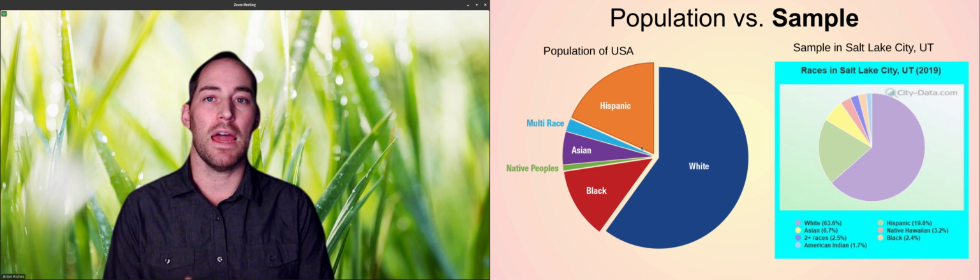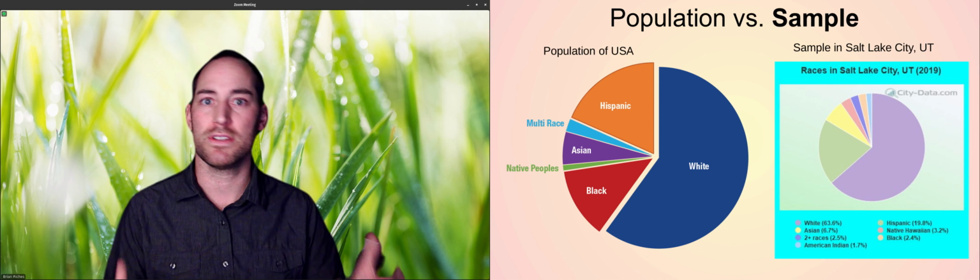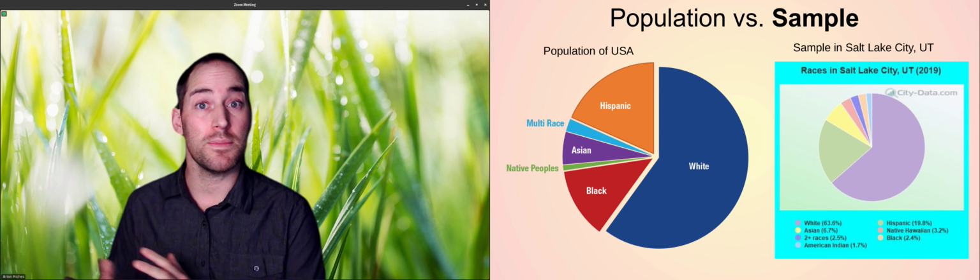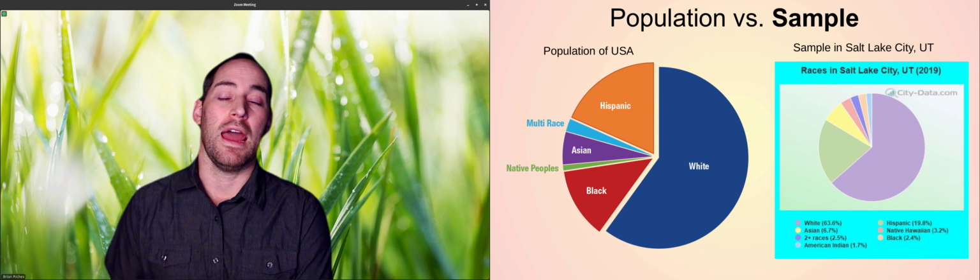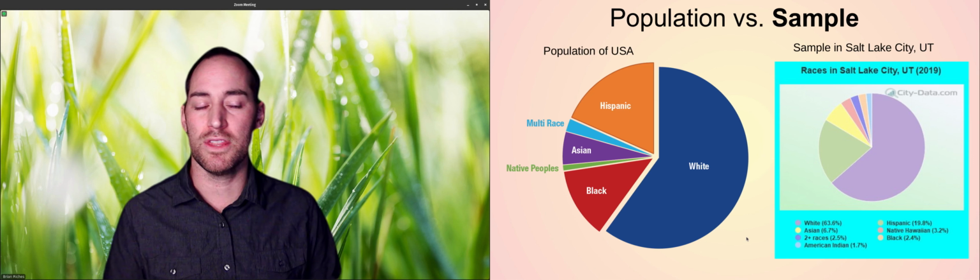So the sample is useful because that's where we're getting our data. It's the actual people that we're studying, surveying, measuring, and usually we're trying to make claims about a population, and the better our sample represents the population, the better.